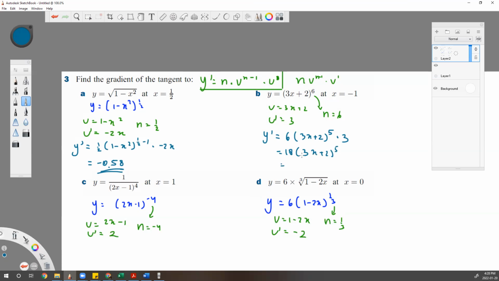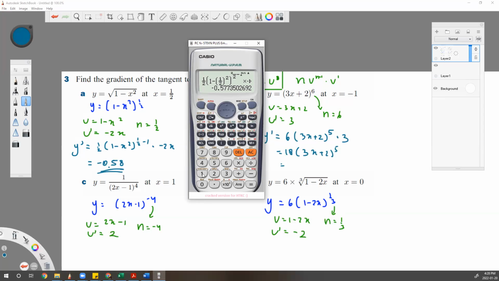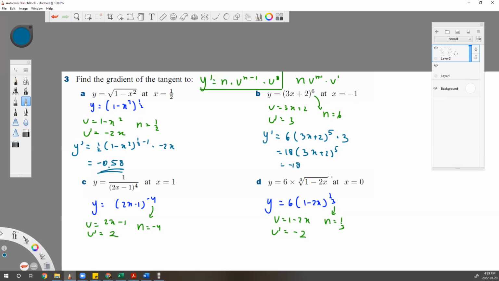And then put it on your calculator, 18 times (3 times -1 plus 2) to the power 5, where x is -1. There you go, -18.